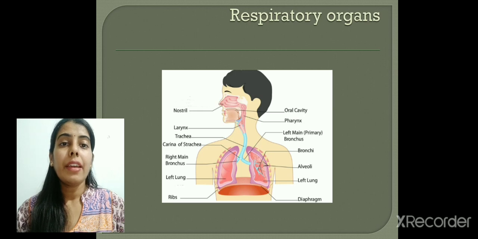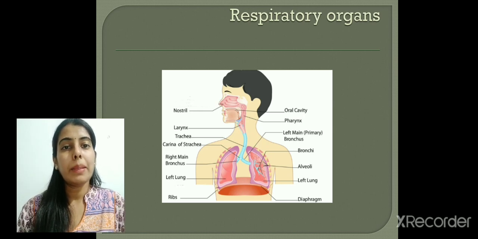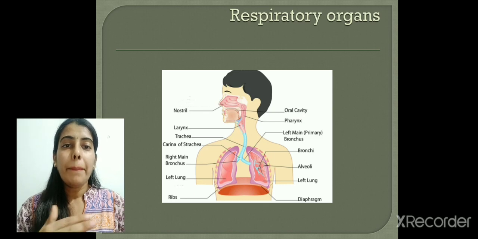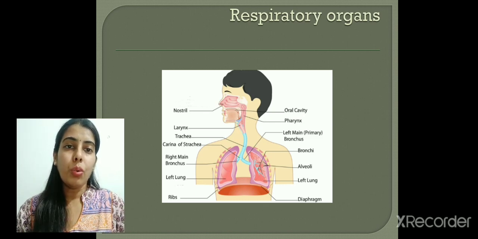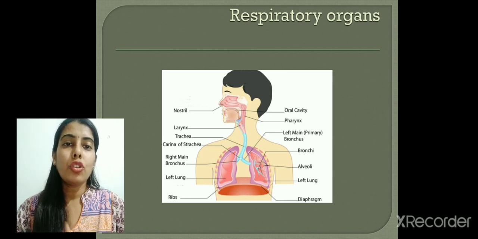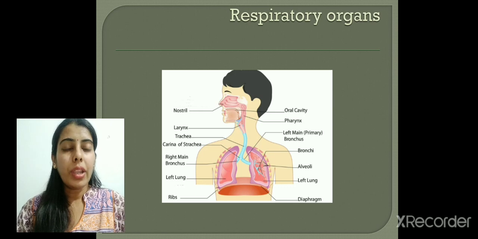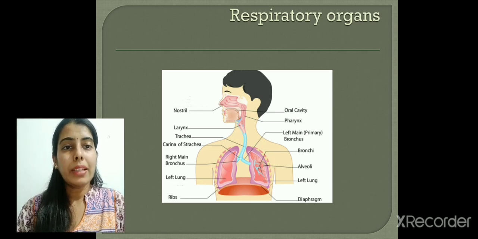They are very small air sac structures, the site where the gaseous exchange occurs. At the base you can see the diaphragm. The diaphragm is a muscular partition that separates the upper part of the body from the lower, that is, the thoracic cavity is separated from the abdominal cavity. The lungs are safely located in the body and protected by the rib cage.